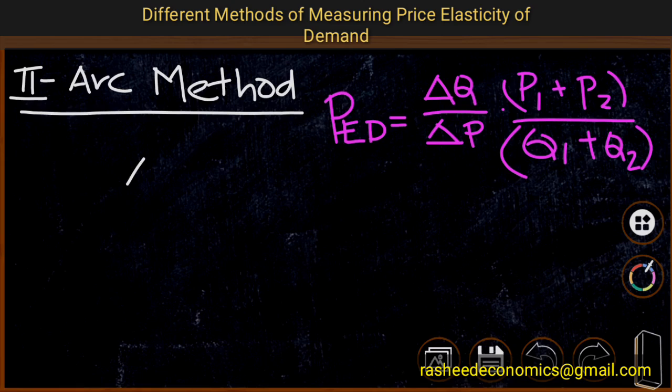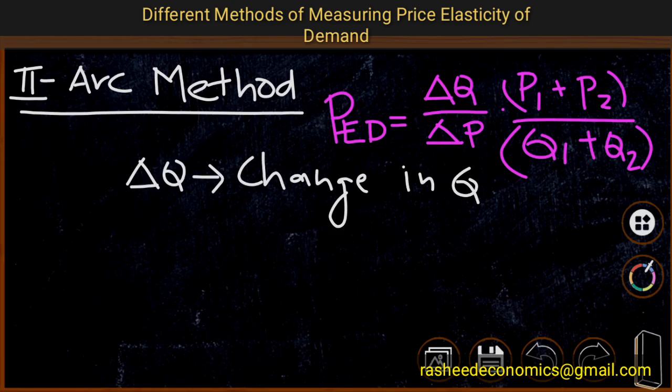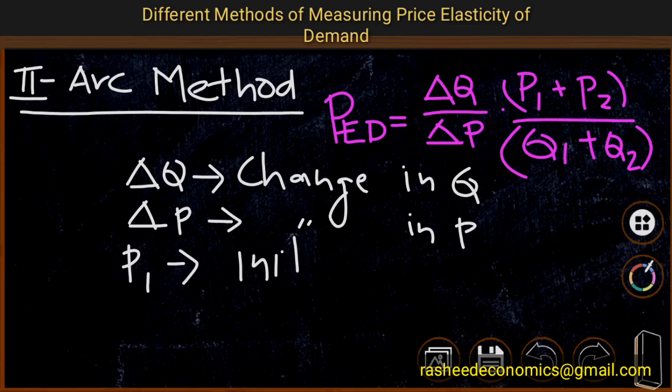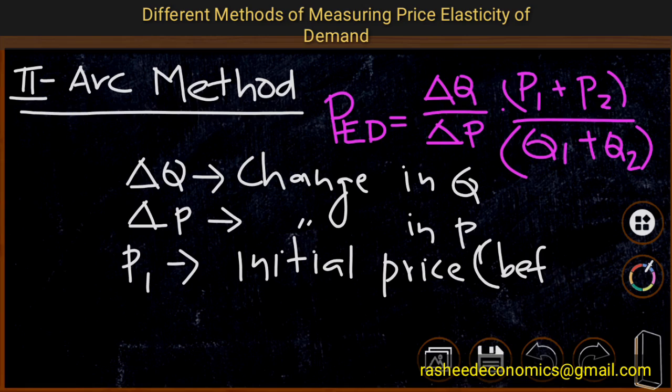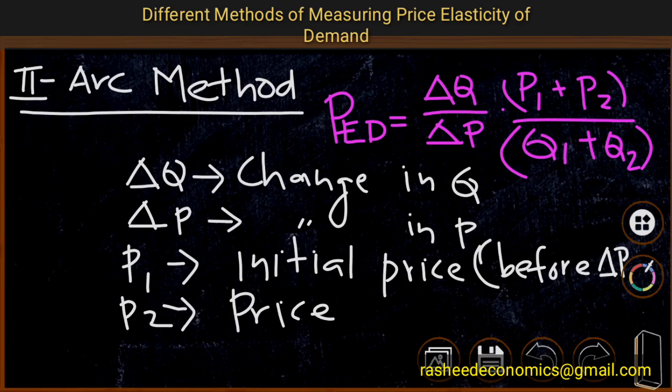Here delta Q is the change in quantity demanded of the commodity, and delta P is the change in price of the commodity. P1 represents the initial price, that means the price before change, and P2 represents the final price, or price after change in the price of the commodity.